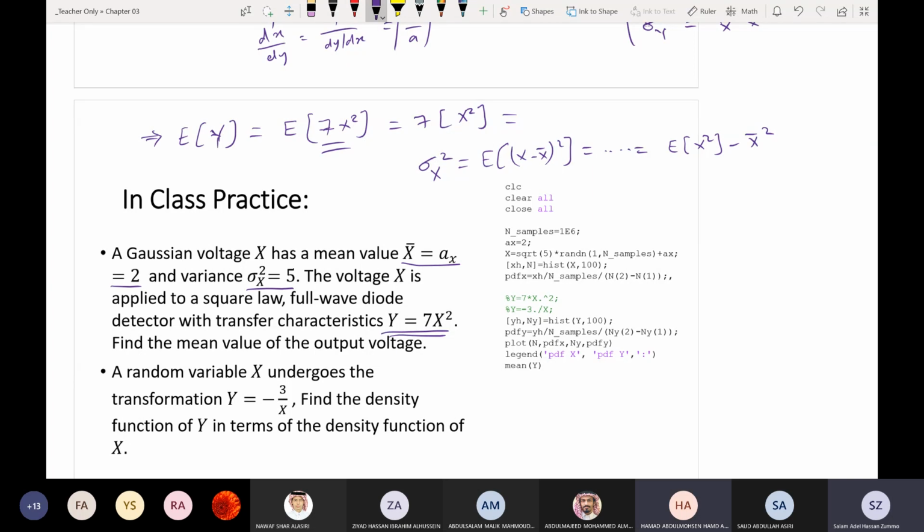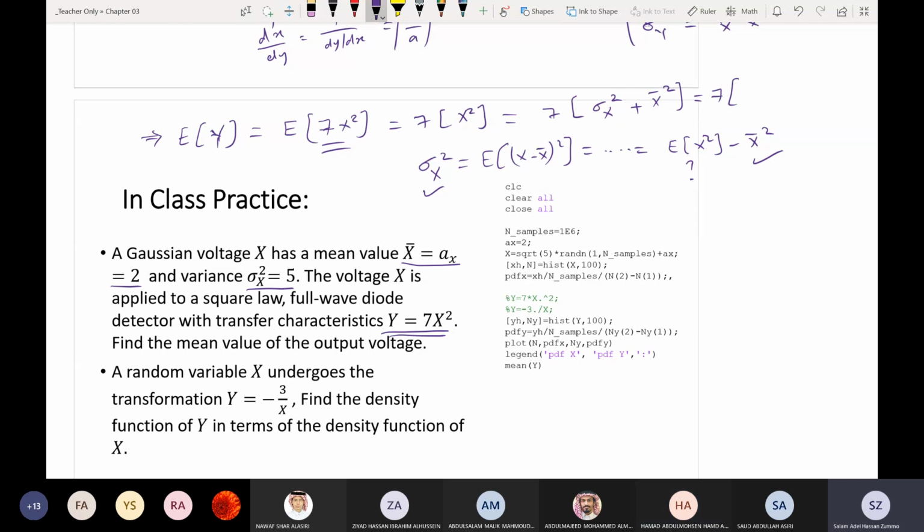We have x bar. What else? We have sigma x squared, and what we need is the expected value of x squared. So what is the expected value of x squared? It is sigma squared plus x bar squared, right?